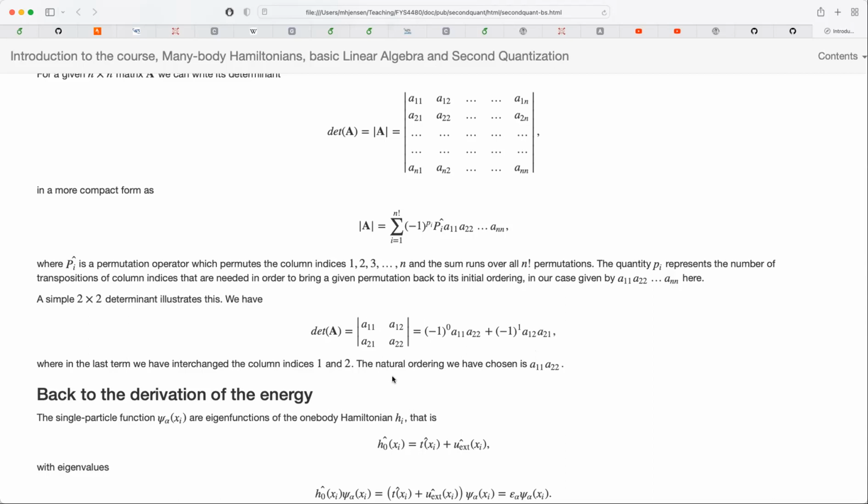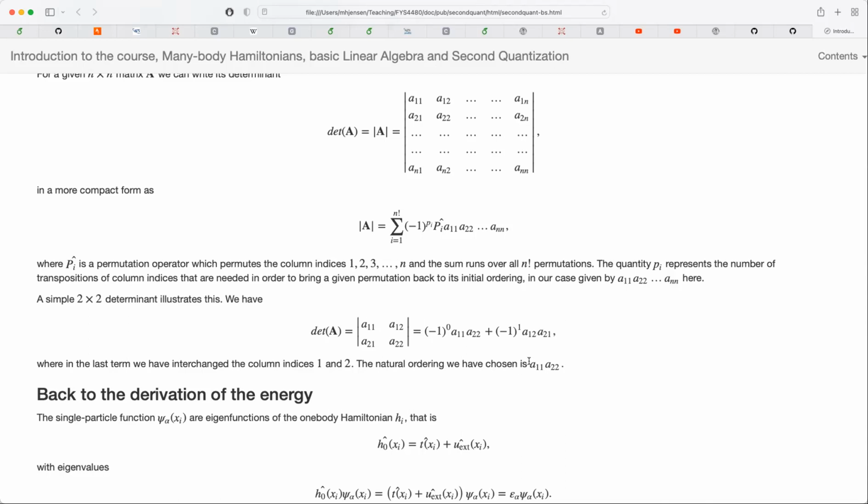Now there's something I want to emphasize before we take a break. This relies on you having chosen an ordering. This becomes important when we look at the way we organize the determinants or the wave functions. So we have to choose an ordering.